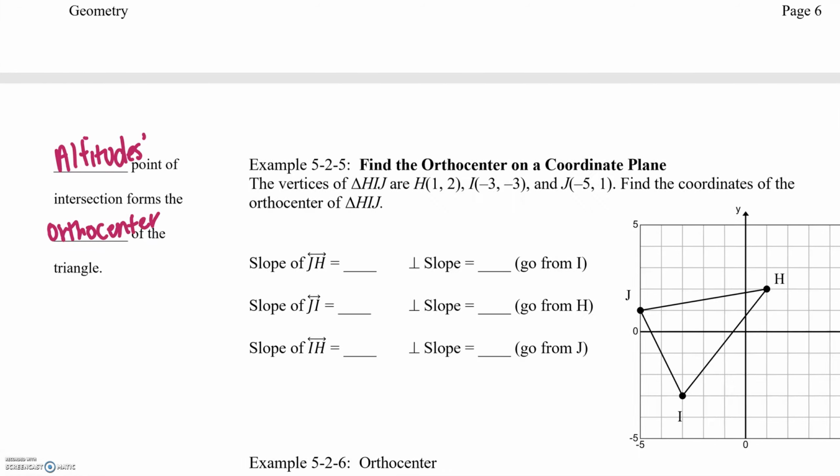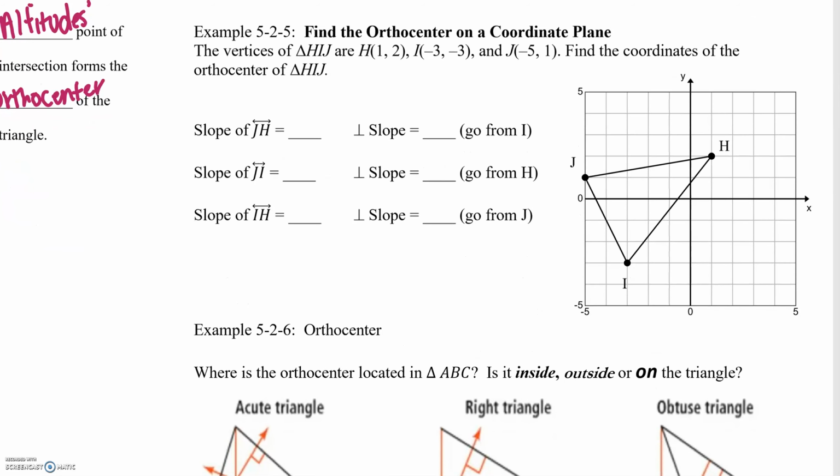Okay. So what we're going to do for this one is we need to find out what these slopes are so we can get a perpendicular slope and then draw our perpendicular lines. So for our slope for JH, I go up 1 and over 3, 4, 5, 6, so 1/6. So perpendicular, I'm going to flip it, 6 over 1, and make it negative.